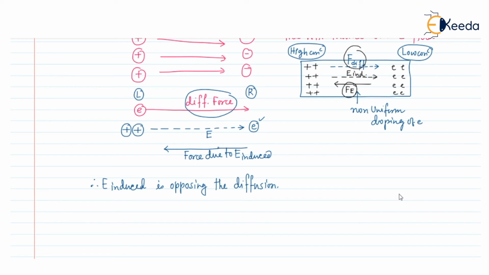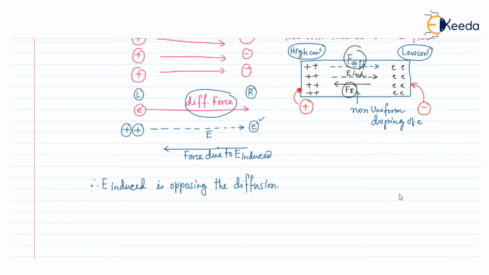Now, we can say that this side of the semiconductor, due to the non-uniform doping, will be of positive polarity and this side will be of negative polarity.